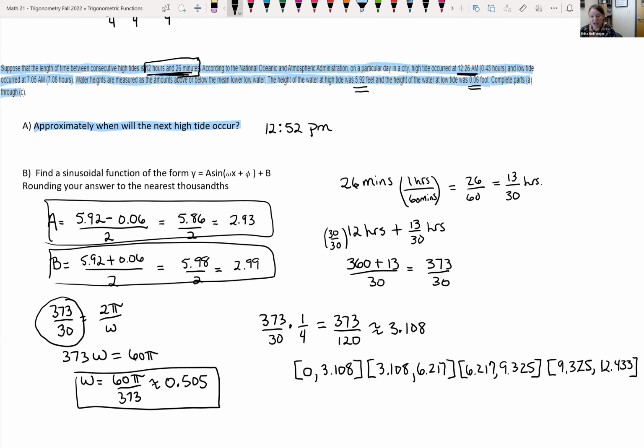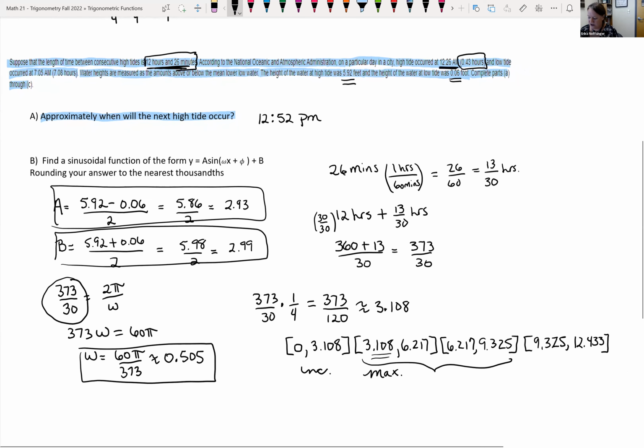Normally our sine starts at our midway line, and then it increases. We hit our max. Our max normally, if there was no horizontal shift, would hit at 3.108. But if we look, our maximum tide occurred at 0.43 hours.